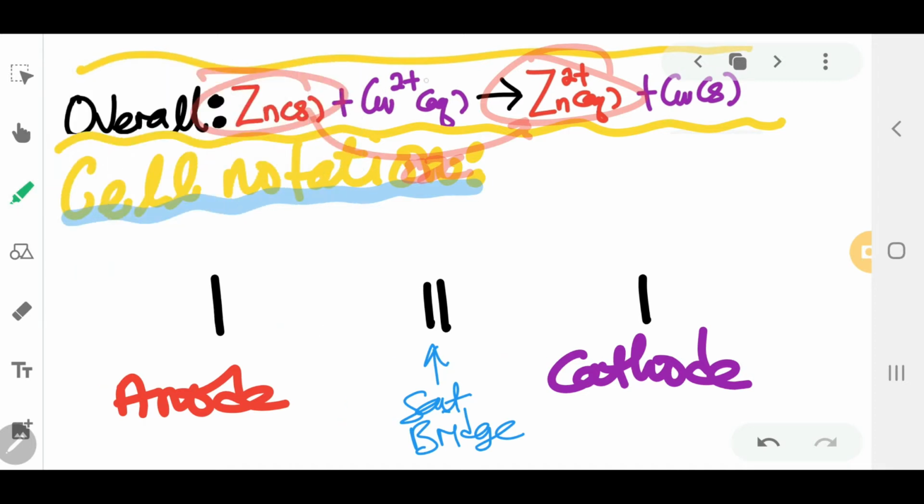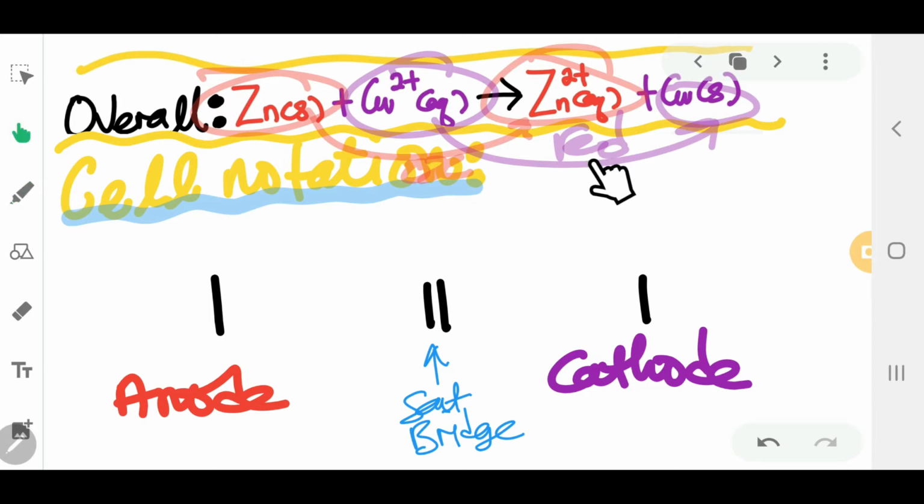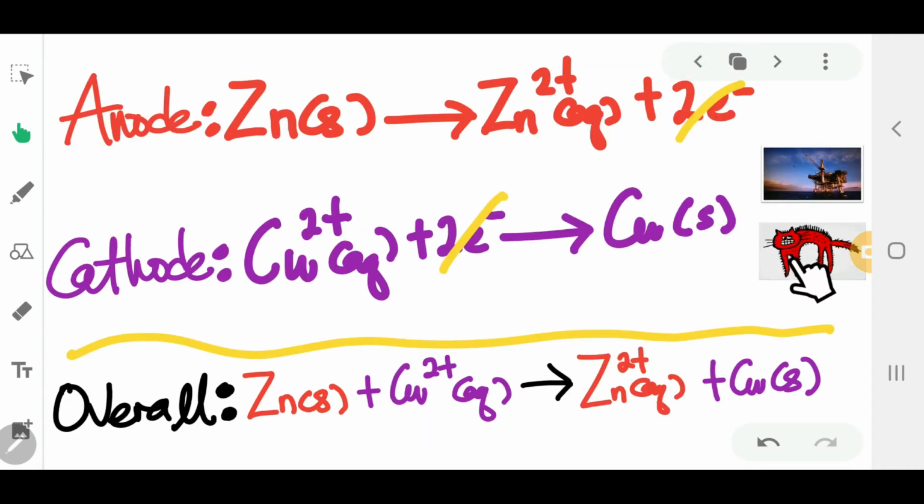And for copper, that is the reduction process, because you are gaining electrons. And when you have reduction, remember the mnemonic RAD CATS. If you still remember, reduction adds cathode.